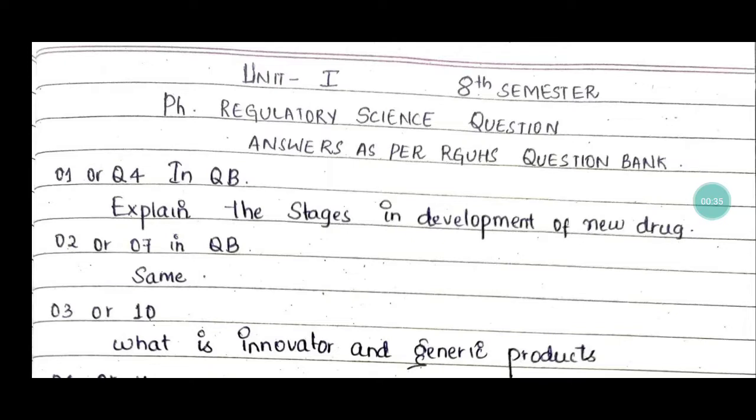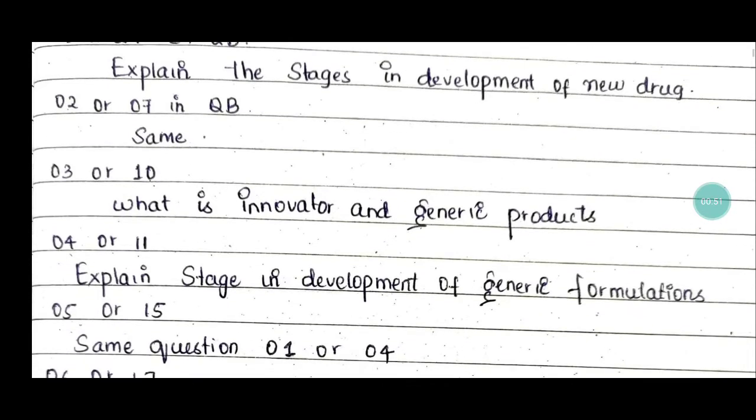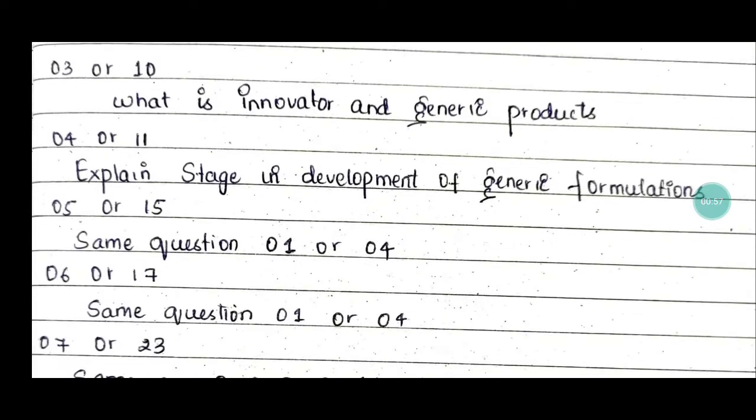If you ask me where I took these questions from, I took them from the question bank. You can check it out. The second question is the same, stages in the development of new drug. The third question, what is innovator and generic products? And the fourth question, explain the stages in the development of generic formulations. The fifth, sixth and seventh questions are the same as question number 1, stages of development in new drug.